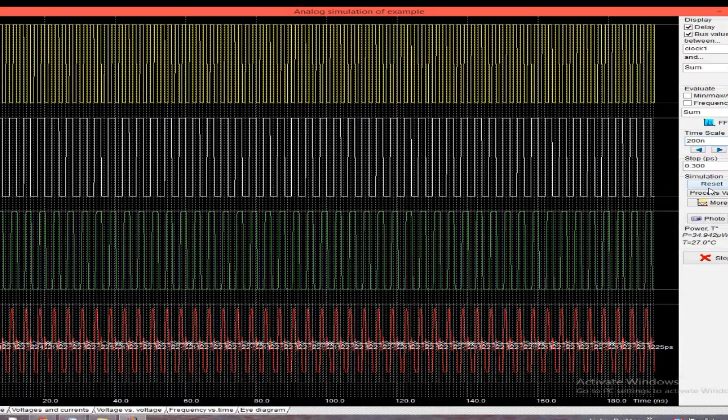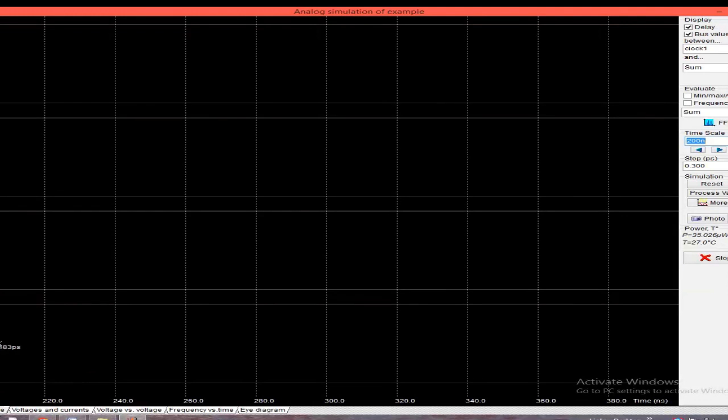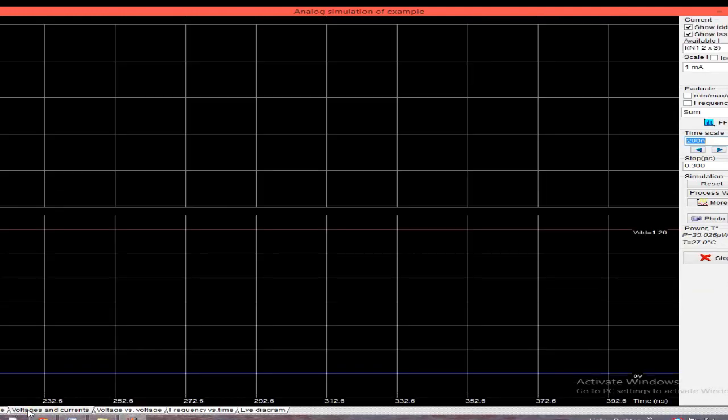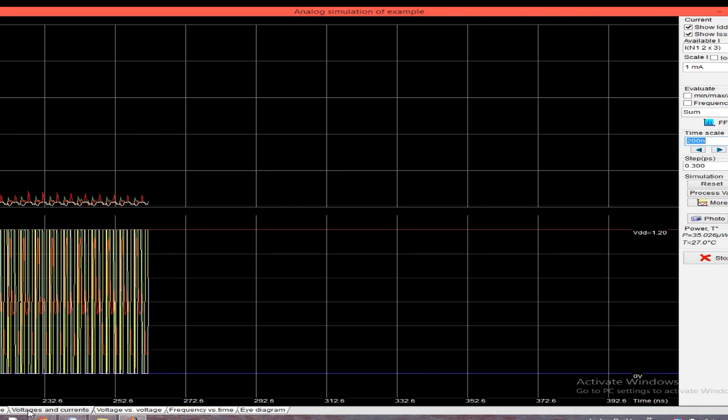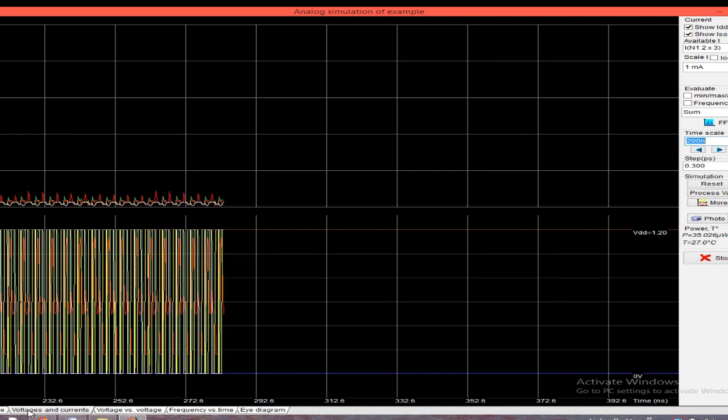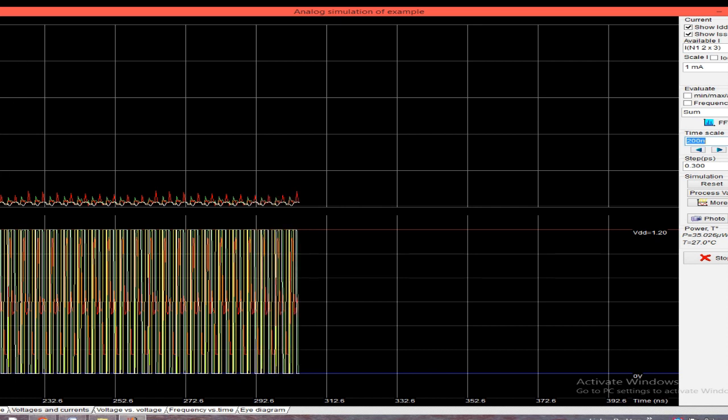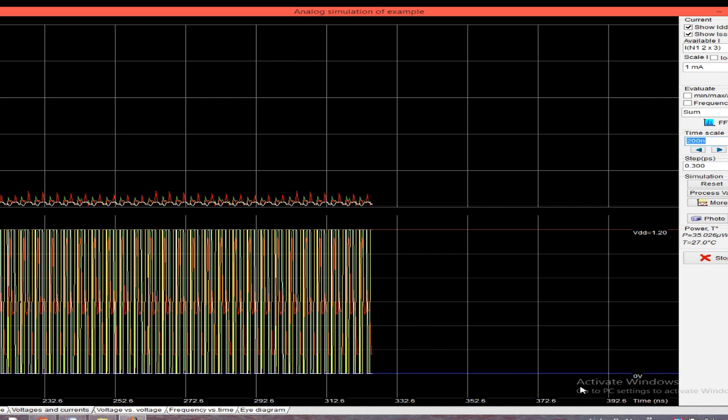And after this, if you want to see the voltage to current graph, it is likewise for this half adder circuit, which is the implementation of NAND gate implementation. So this is the milliampere axis, and this is the time axis.